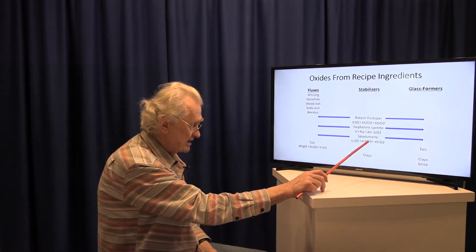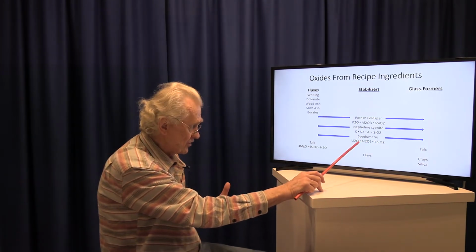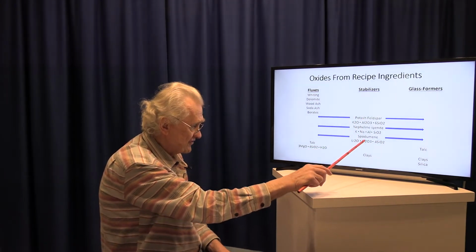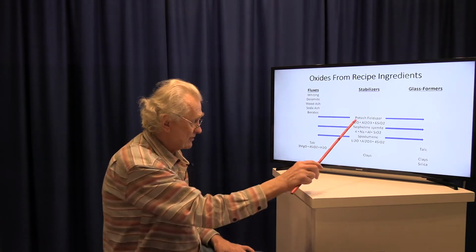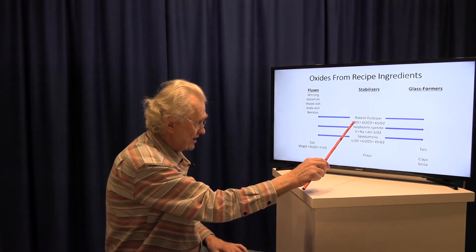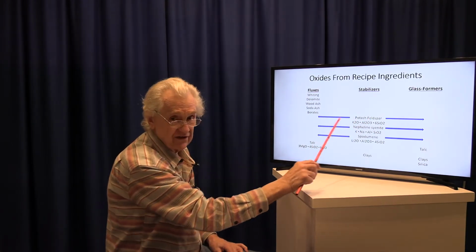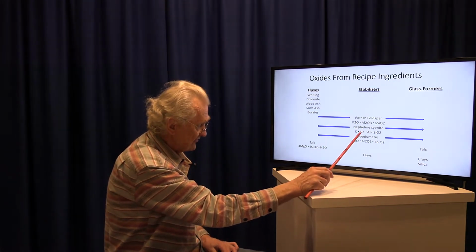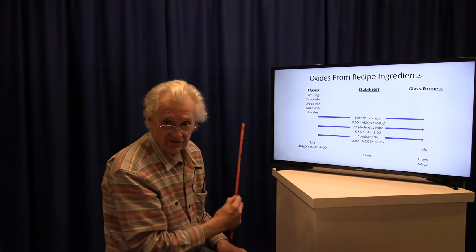And then spodumene, this is another mineral. We use most of these 3 because of the fluxes they contribute. We use potash feldspar because we want the potassium oxide, but we get these other 2 components. And we use nepheline syenite because it contains a lot of sodium primarily, but it gives us those other things.